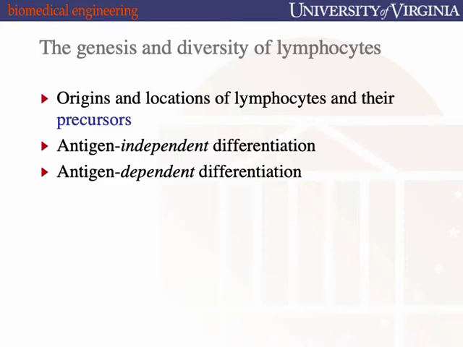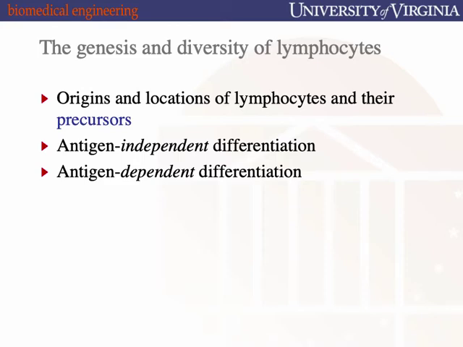But what I want to talk about today, at a slightly higher level, is once we've generated that molecular diversity within this lymphocyte population, how does that cell population maintain its diversity in a way that's healthy and safe for us, okay? All right, so we're going to talk right now about the genesis and diversity of lymphocytes, acknowledging that the molecular is going to come on Thursday.